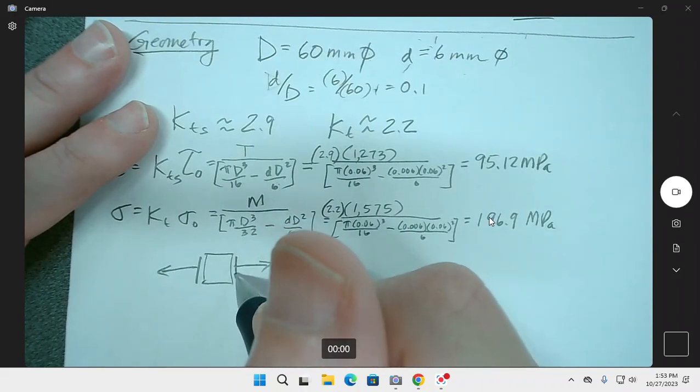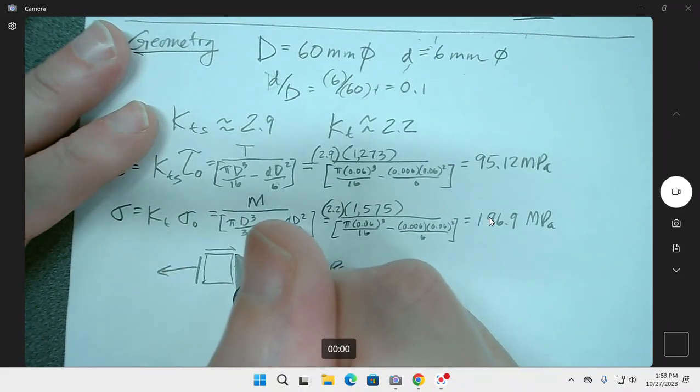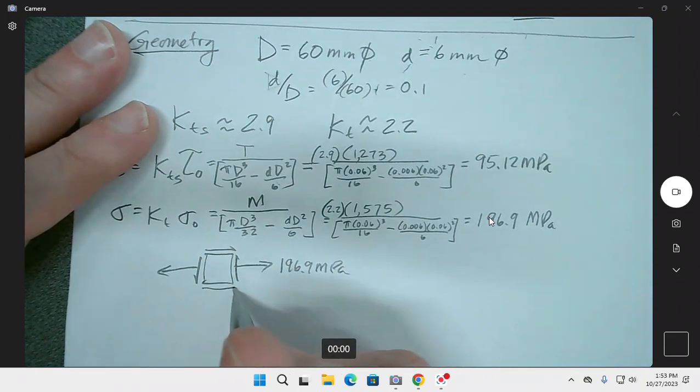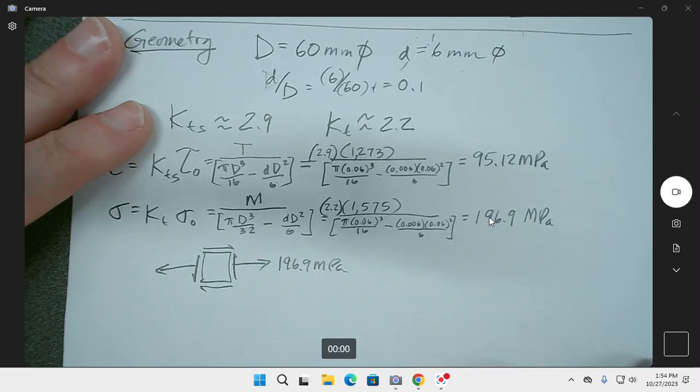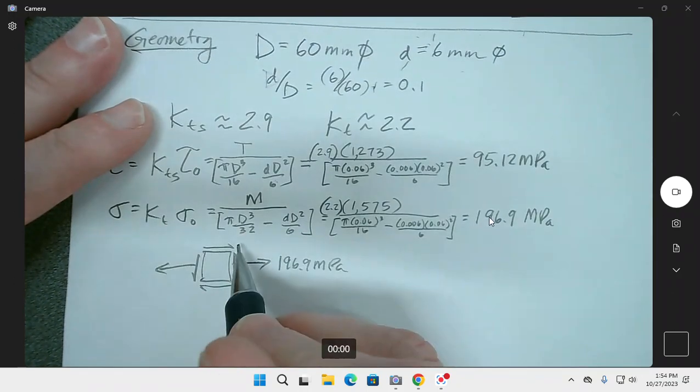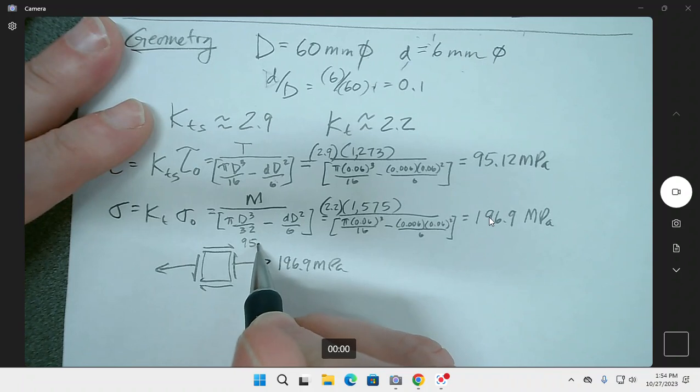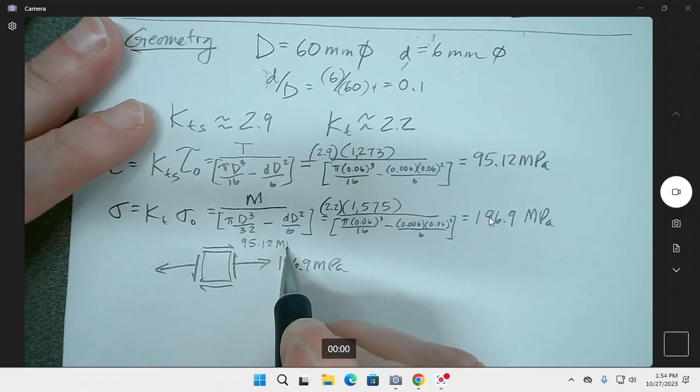It doesn't really matter, except that most of the time we're comparing to a strength that was tension. We assume for ductile materials they have the same strength in tension as compression. I don't know if that's 100% true all the time. It'd be interesting to actually experiment with that and find out.